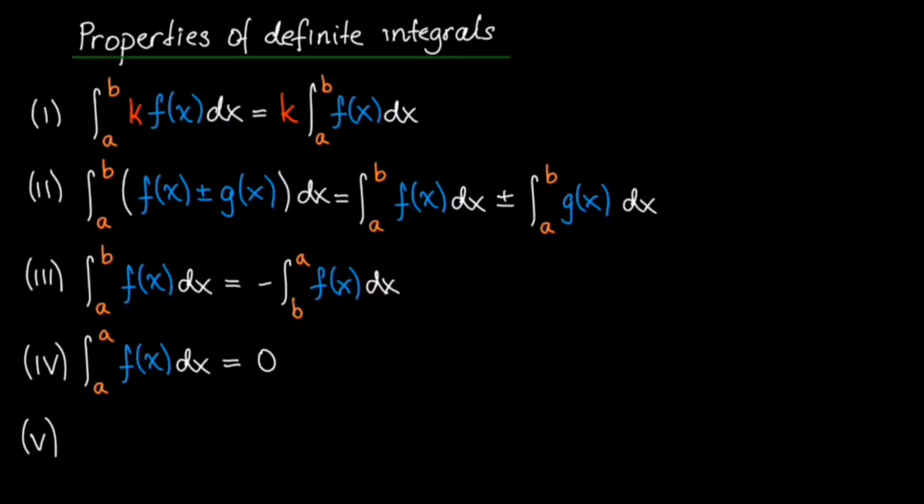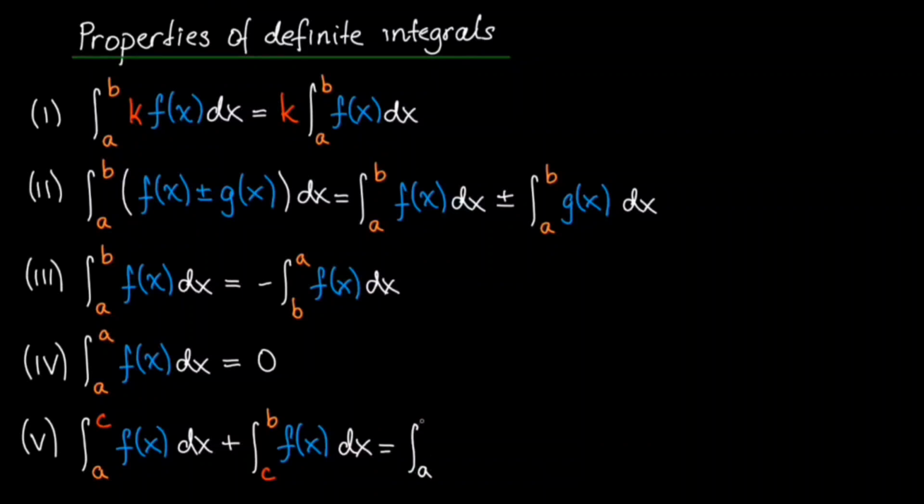Now finally, the fifth property is probably going to be the most widely used definite integral property, especially when we start exploring how to actually find area. Here it states, if you're taking the definite integral from a to a value c of the function, and then you add another integral from that same c to the final value b, you can actually rewrite this into one integral from a to b of our function f of x dx.